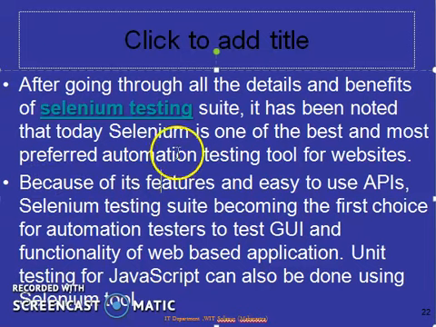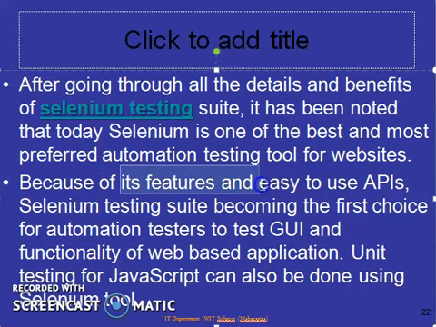After going through all the details and benefits of the Selenium testing suite, it has been noted that today Selenium is one of the best and most preferred automation testing tools, compared to other automation testing tools, for websites or web applications.